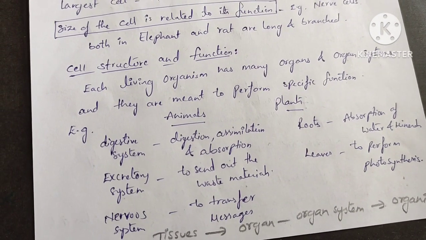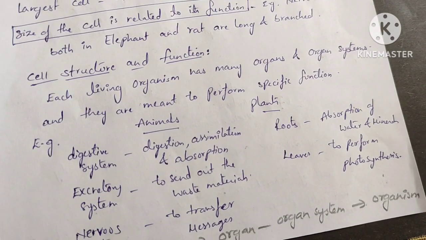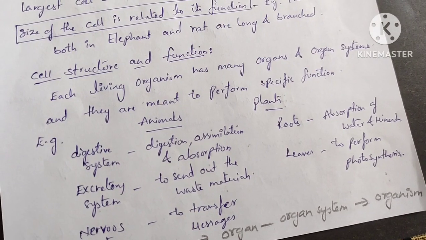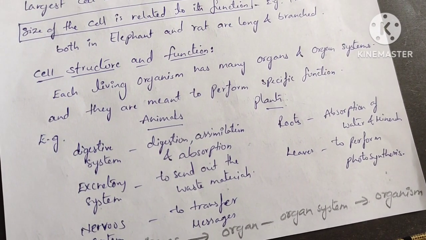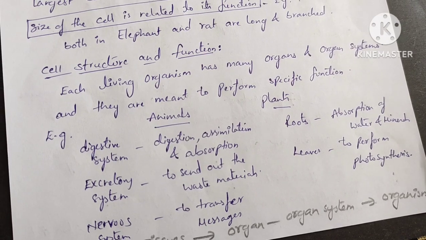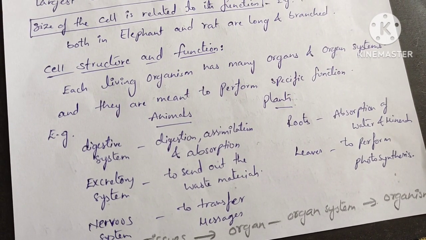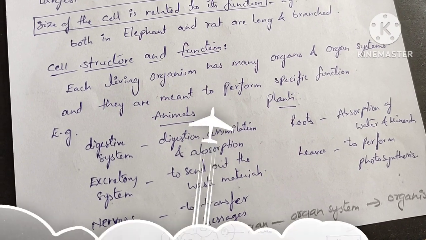In plants also, different organs are meant for different purposes. For example, roots anchor the plant and absorb water and minerals, and leaves perform photosynthesis and prepare food.